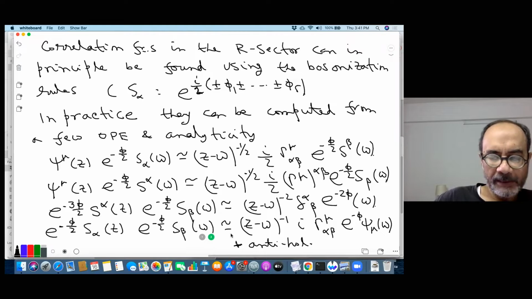And the point is that once you use this and use the fact that these are holomorphic, analytic in w, so that del w bar of this is 0, then you can essentially derive all other correlation functions from here. Are there questions? I'll explain what these gamma mu's are, but are there any questions about these operator expansions?